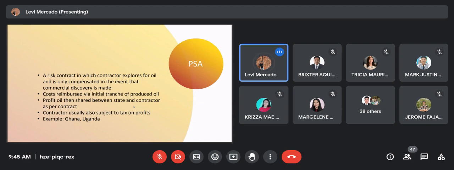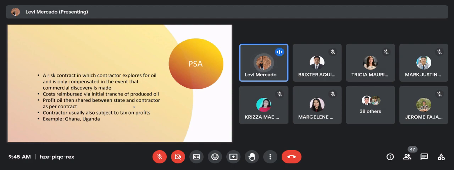Palagi ang nakasaad sa product sharing agreement, from the time na meron ka nang production, dun ka pa lang i-compensate o bibigyan ng hati in terms of production ng international oil company. Depende din sa inyong agreement.